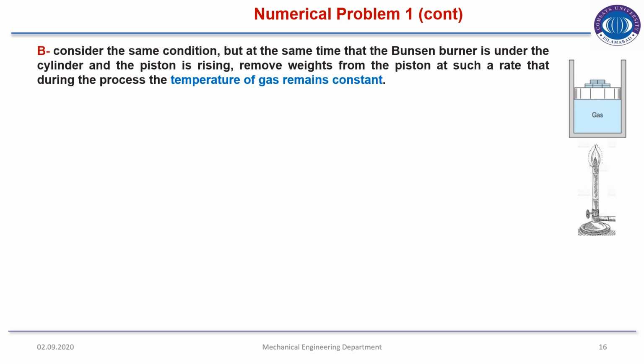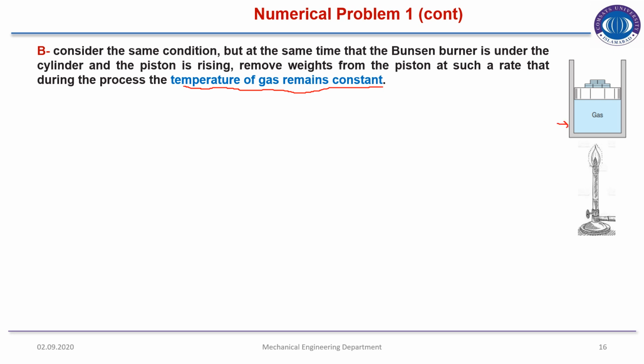Part B of the numerical problem. Consider the same condition, but at the same time the Bunsen burner is under the cylinder and the piston is rising. Remove the weights from the piston at such a rate that during the process temperature of the gas remains constant.